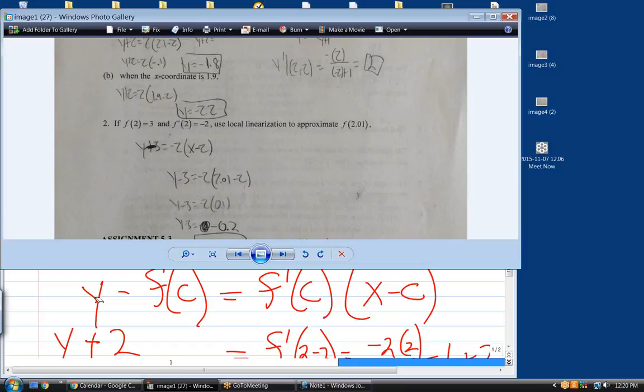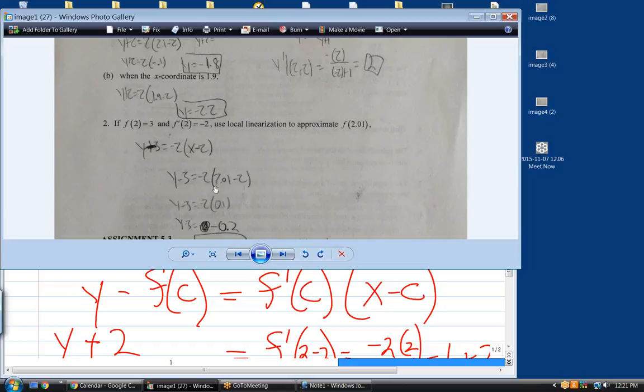Well, here's my equation. Y minus f of c. Well, f of c is 3. That's supposed to be minus 3 down there. So it's y minus 3, not y plus 3. Equals the slope at that point, they're telling us it's minus 2, times x minus the x value, 2. Well, the x that they want us to plug in here is this 2.01. So now we have y minus 3 equals minus 2 times 2.01 minus 2, that's 0.01.